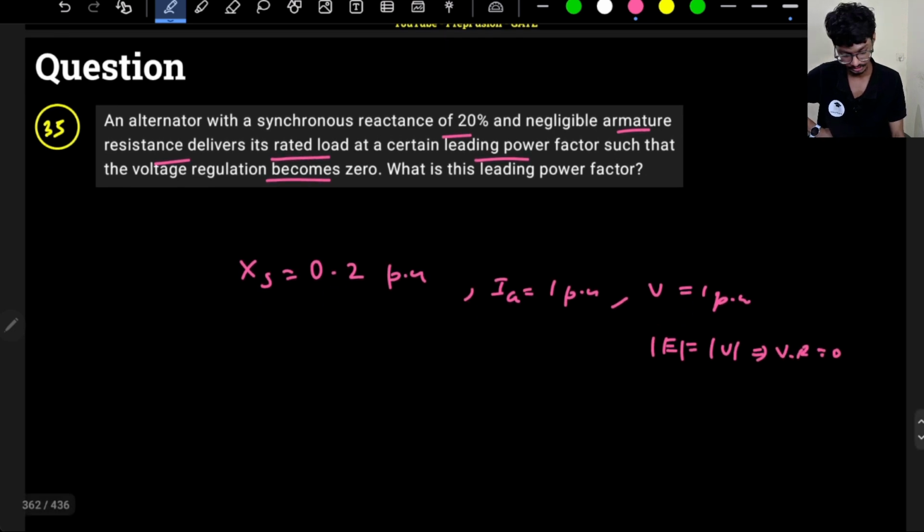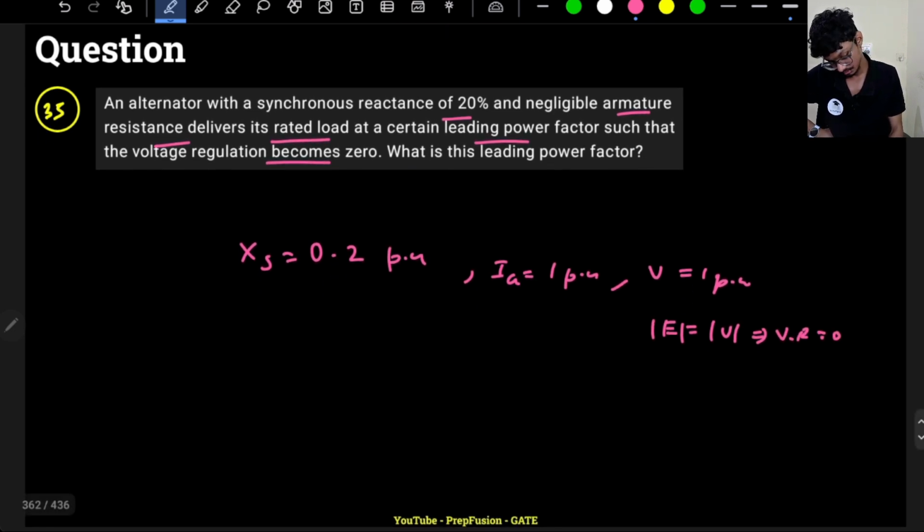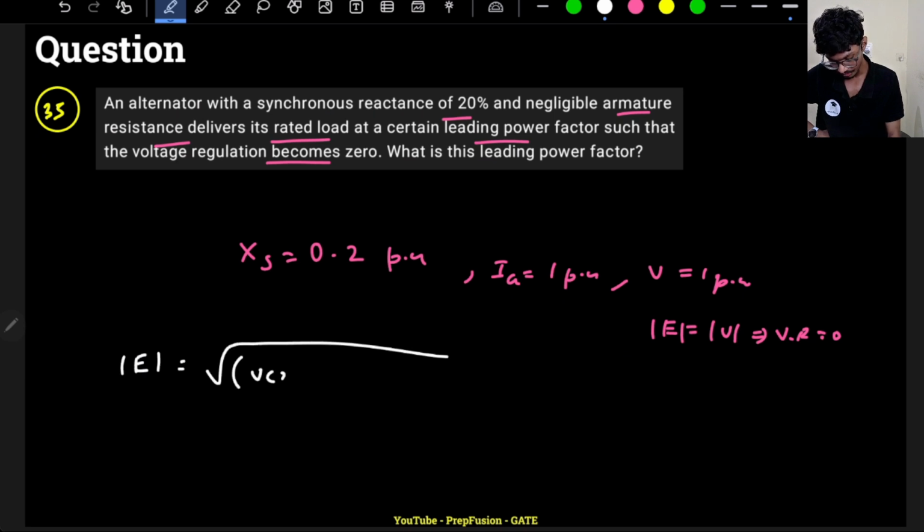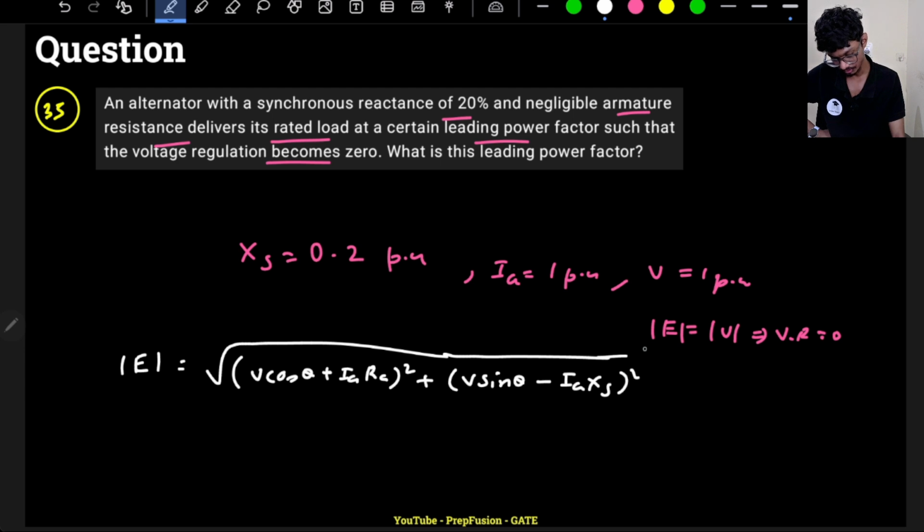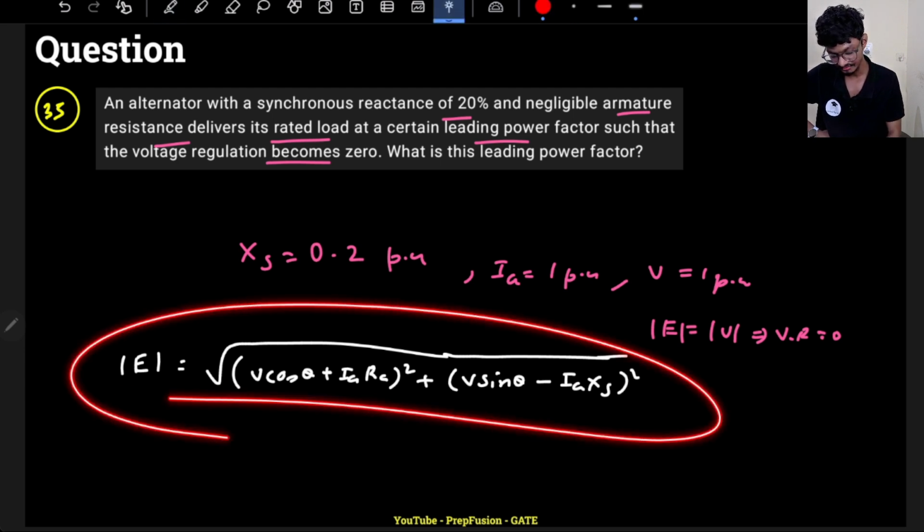Same question, right? So again I can use the exact same formula. I have to find out the power factor. So I can write the same formula, that magnitude of E² is equal to (V cos θ + Ia R)² plus (V sin θ − Ia Xs)². Remember, everything is in per unit.